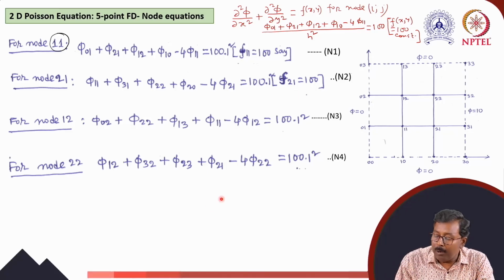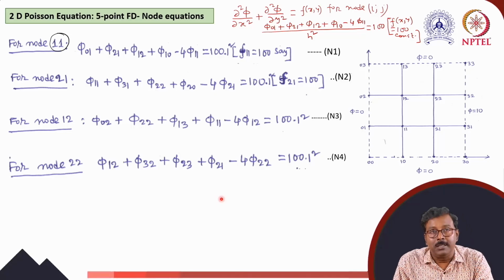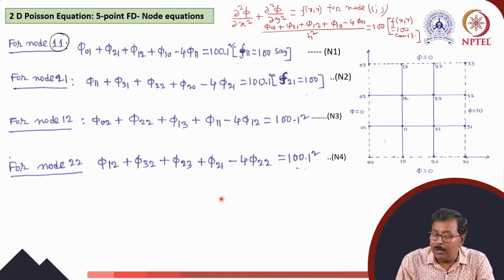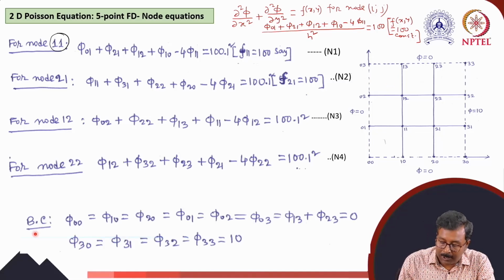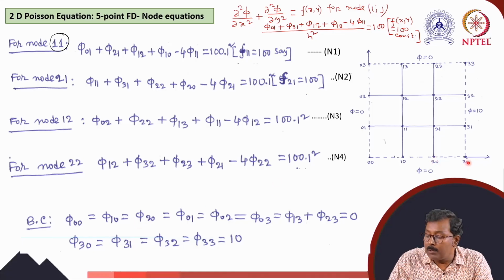Now how can we proceed? Now you can put in the boundary conditions. What are the boundary conditions? Already I mentioned that these planes are 0. So phi 0 0 is equal to 0, phi 1 0 is 0, phi 2 0 is 0, but phi 3 0 is not 0 because the right side plane has phi equal to 10.